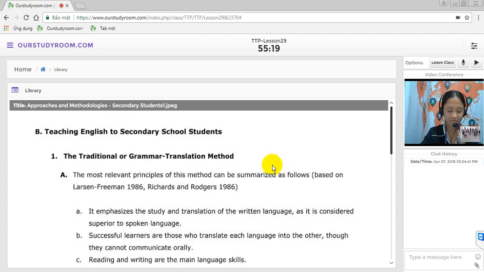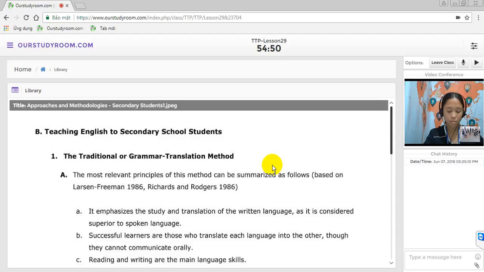C. Reading and writing are the main language skills. D. Interaction in the classroom is minimal, and whatever interaction there is, is between teacher and student. Students must learn grammatical rules, memorize and use them in application to exercises.